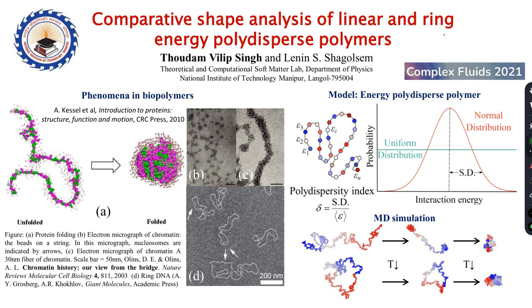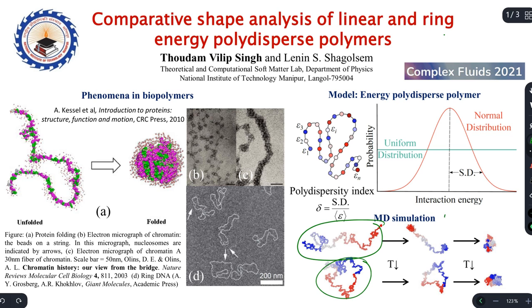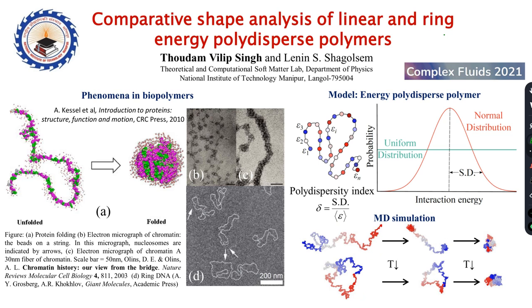So my simulation involves a linear chain as well as a ring chain of N equals 512 monomers, and they collapse into a globule after becoming a pearl-like conformation. So we study the different shapes they fall into by changing the polydispersity index.